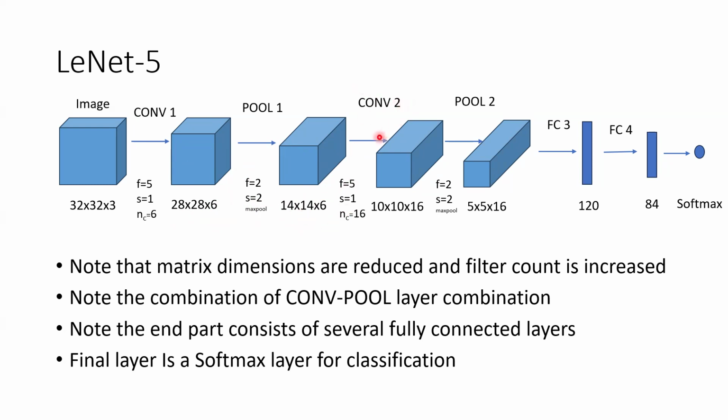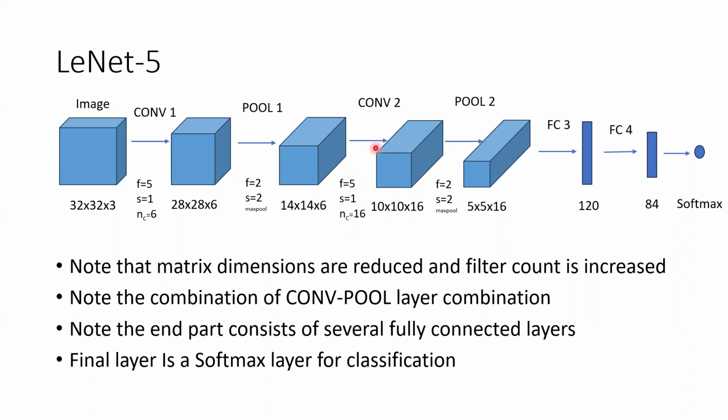Then we use the second convolutional layer, which has a 5 by 5 filter and a stride of 1, which means no skipping, and the number of filters is 16.